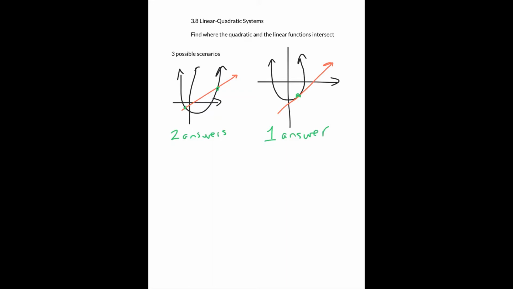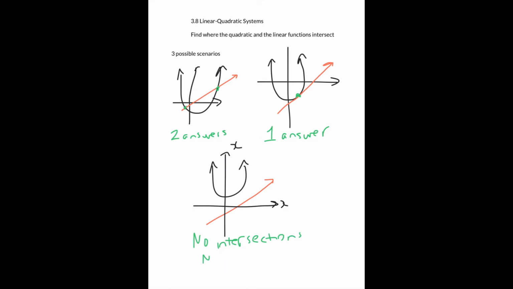And then we have the scenario where there are no answers possible. So this is where they just never intersect. So regardless of where your x and y axis is, what matters here is that there are no intersections. And if there are no intersections, then there are no answers possible.